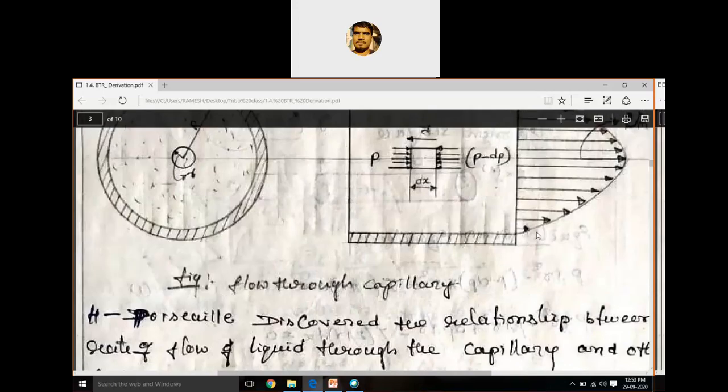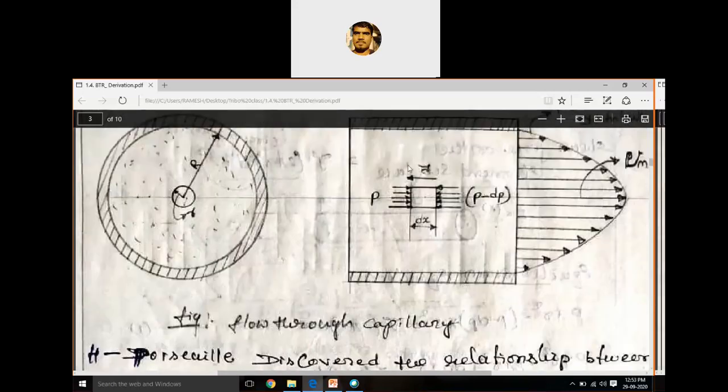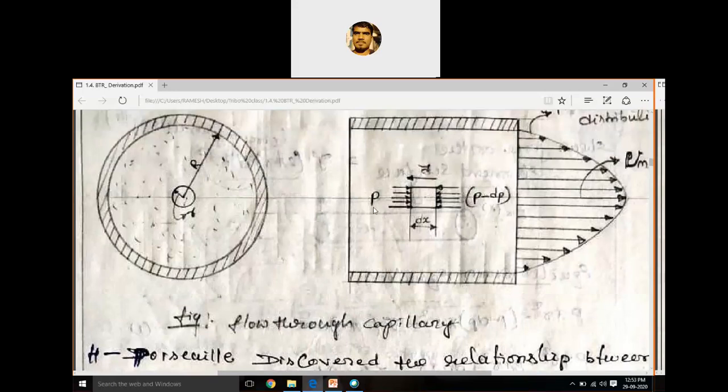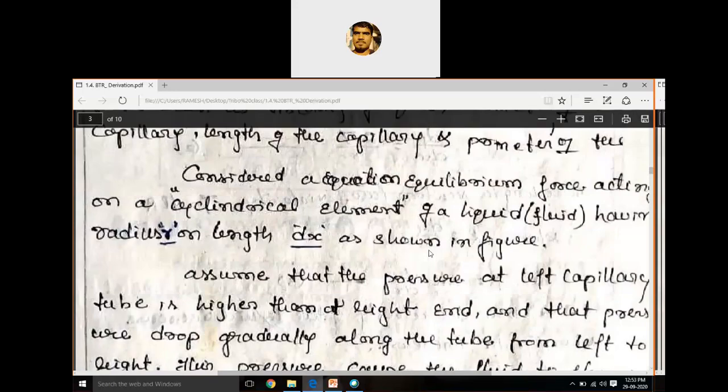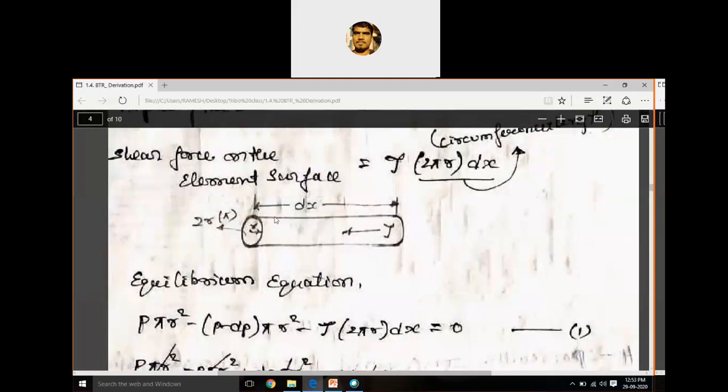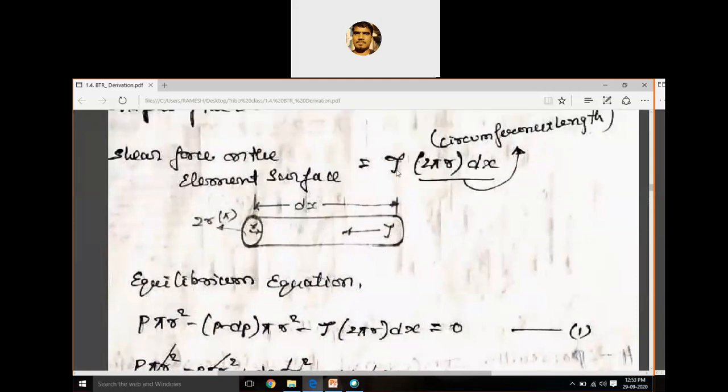Two forces done. Next, one more force: the shear force on the element. This is a small imaginary element, and on it there is a shear force acting. Shear stress tau into area gives the force.